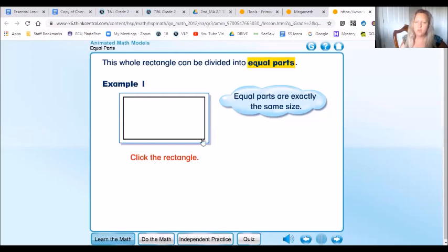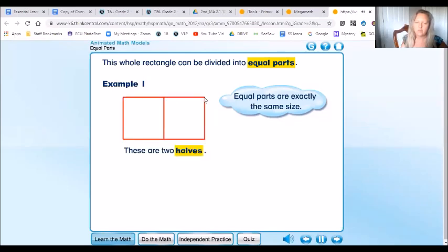And this time, we are going to divide the rectangle into 2 equal parts. Draw your rectangle. And once you have your rectangle, draw a line exactly down the middle so that you have divided your rectangle into equal parts.